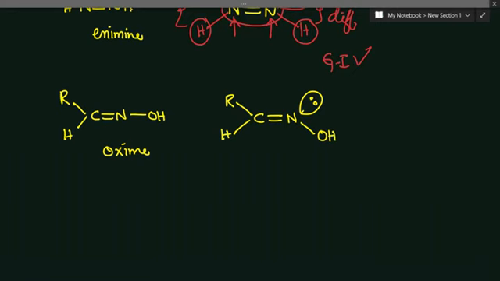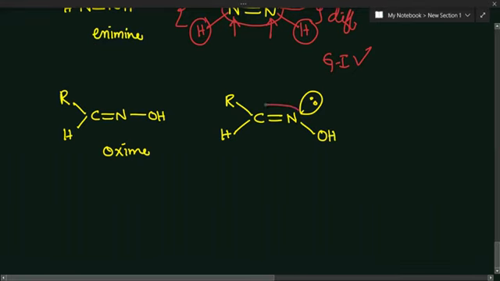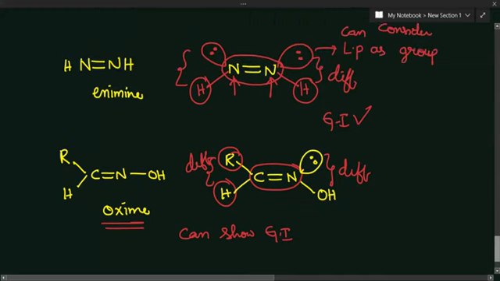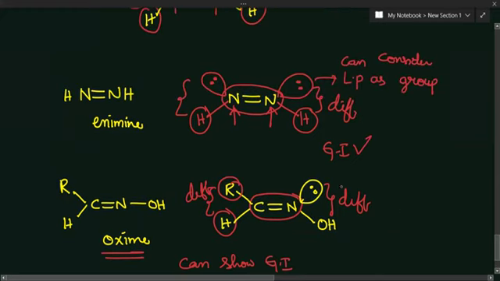So if you check this, there is restricted rotation, condition number 1 satisfied. Condition number 2, yes, these two are different and these two are different. So therefore, oxime can show geometrical isomerism, provided the groups added should be different. So from these examples, it is clear that you can also consider a lone pair as a group.